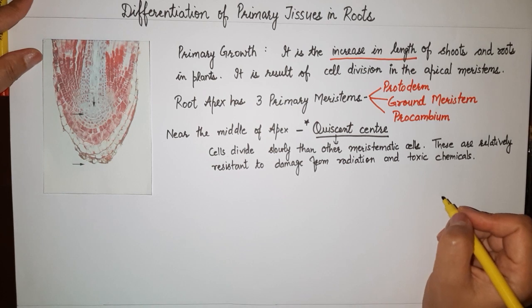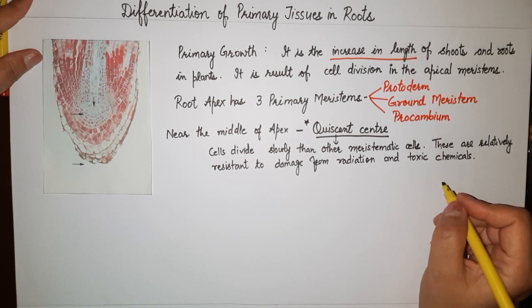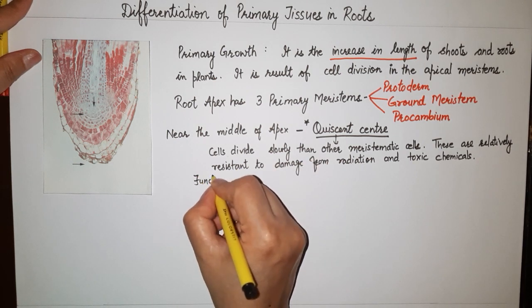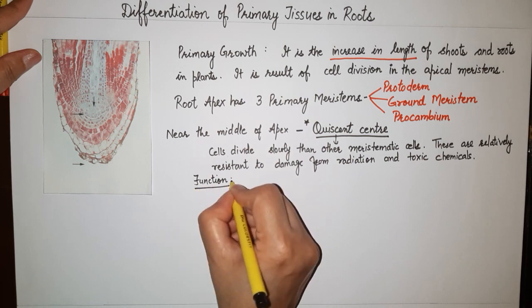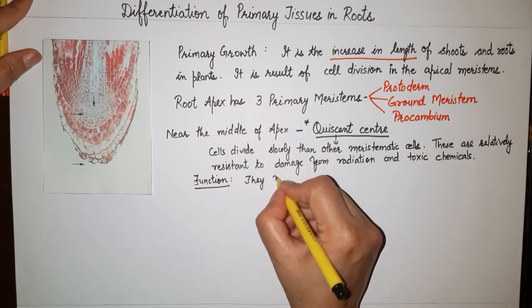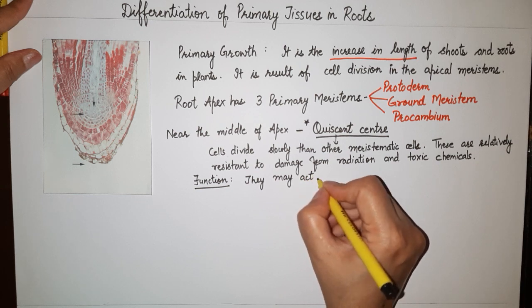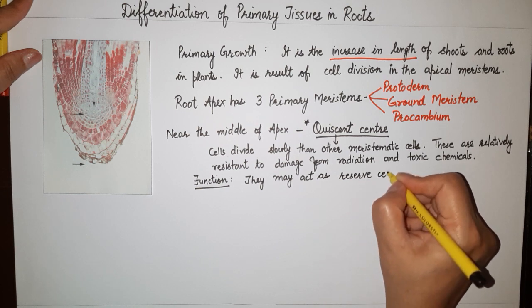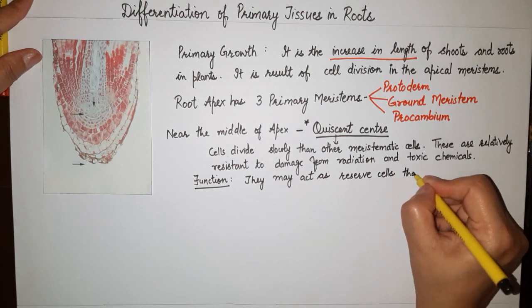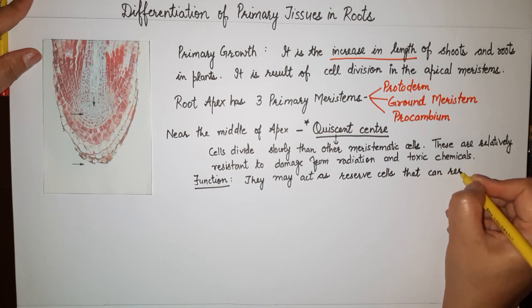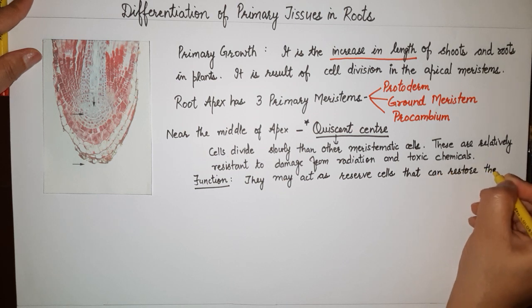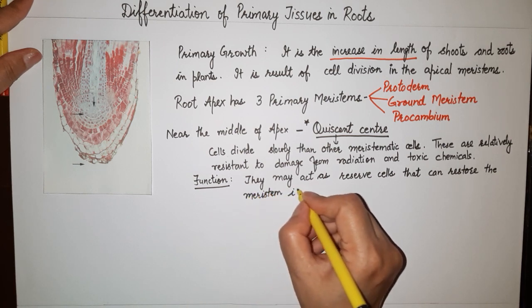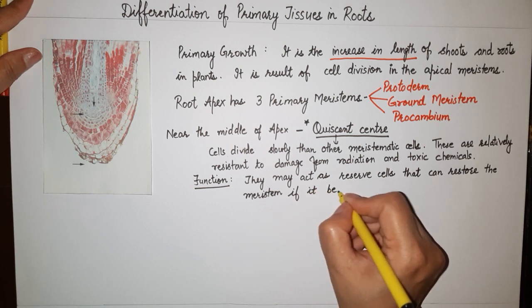So, these are resistant cells which are less dividing, and what is their function? Why are they present in the root apex? Their function is that they may act as reserve cells that can restore the meristem if it becomes damaged.